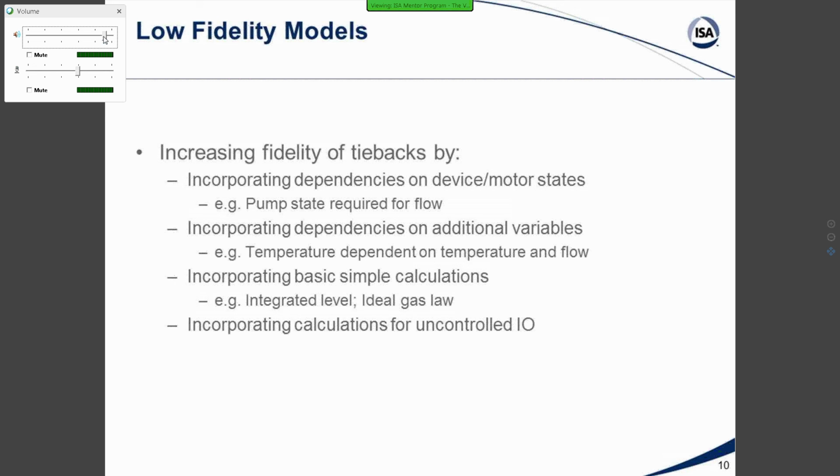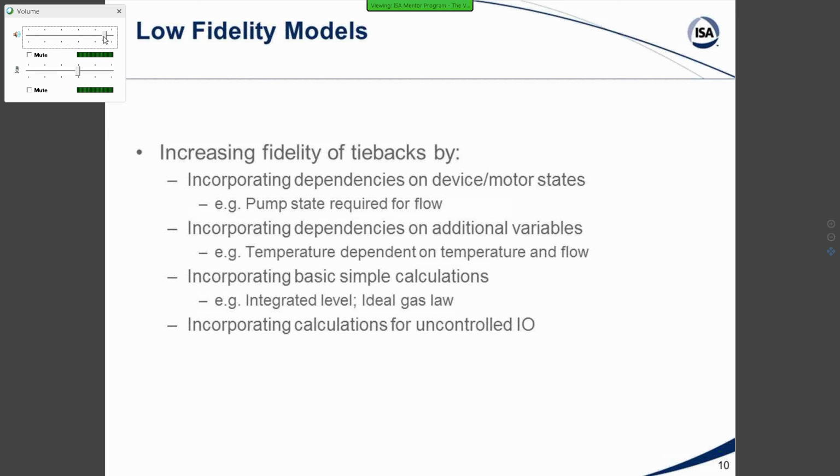Another piece that you may start adding would be incorporating simple basic calculations. So this may be things like starting to handle levels, if that's a controlled variable, not as a simple tieback, but having an integrated level where you're actually accumulating your flow rate over time and subtracting the outlet flow over time.